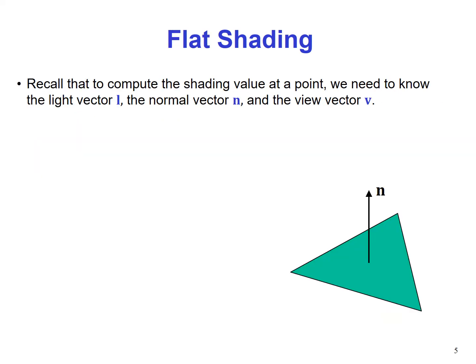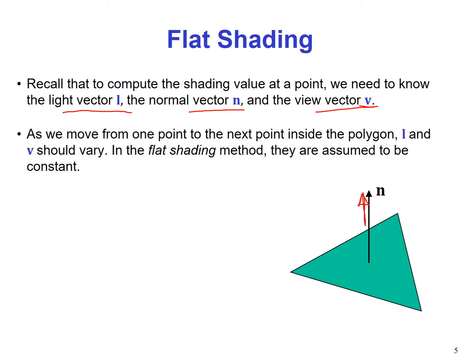So let's talk about flat shading first. Recall that to compute the shading value at a point, we need to know the light vector L, the normal vector N, and the view vector V. So a given polygon will have its normal vector. As we move from one point to the next point inside the polygon, the L, which is the light vector, and the V vector, both of these would vary.